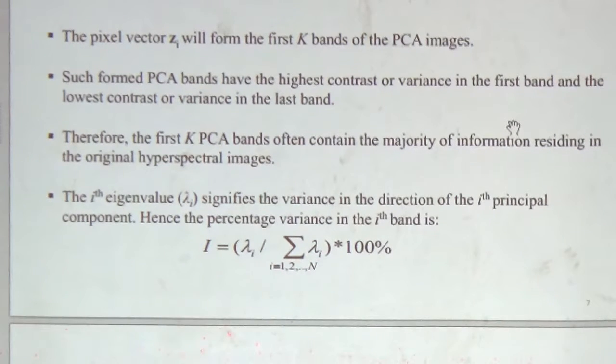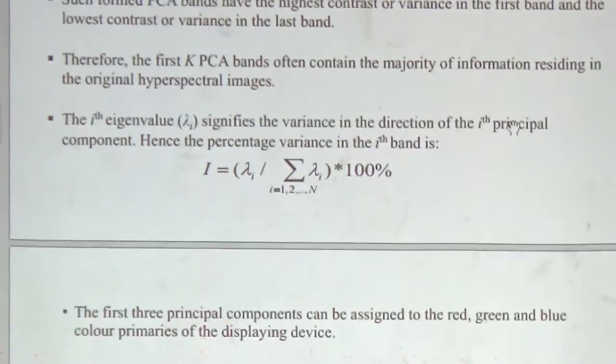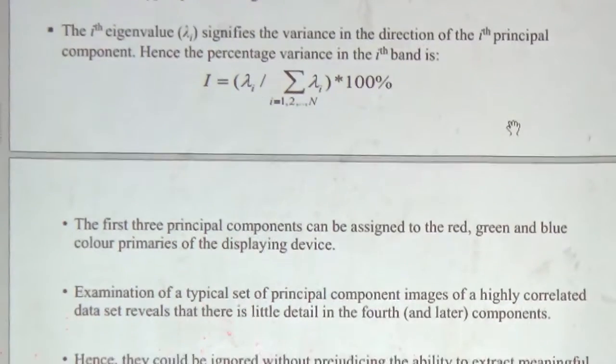That will give me the percentage of variance that is preserved in the first band. Similarly, I can calculate the percentage of variance preserved in the second band, and so on. You will see very soon that this percentage falls off very, very sharply, and after the third eigenvalue the percentage is almost 0. So we have preserved the maximum amount of information in the original data by doing PCA.